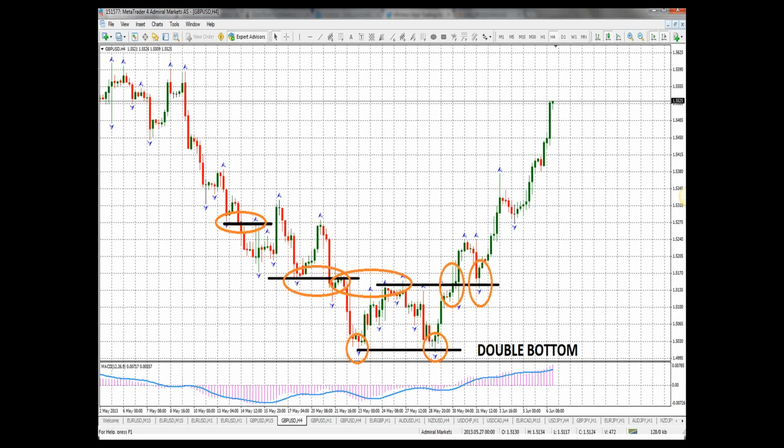It depends. Usually with a double bottom, as always with all support and resistance levels, there is no percentage average of failed and successful attempts. You need to stack the odds in your favor. How do you do that? First, if you have, for example, a double top, is it confluenced with a fib retracement? Are we in a downtrend?